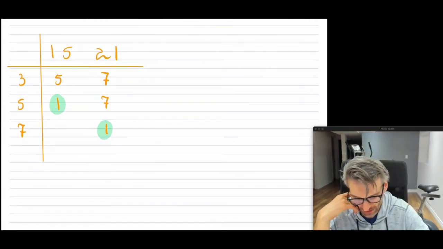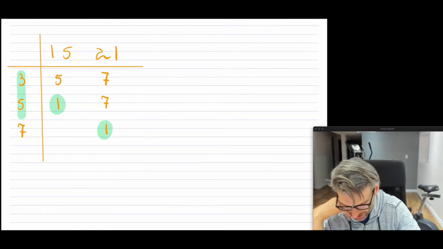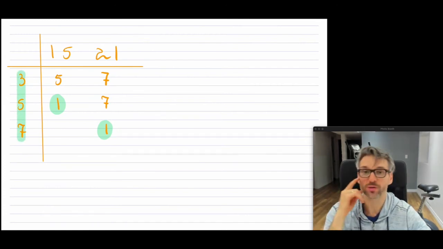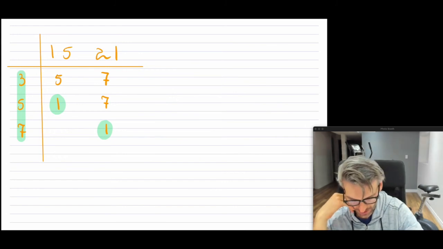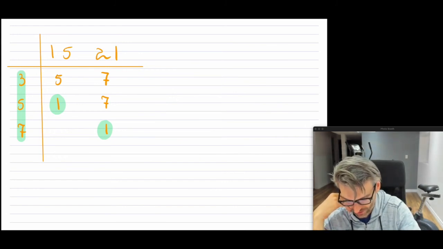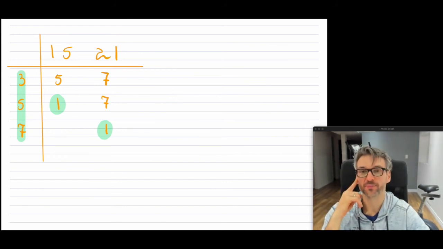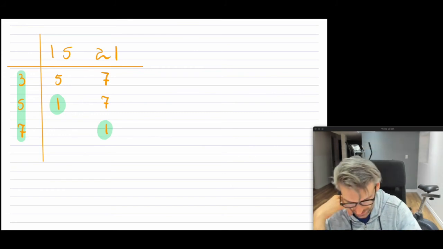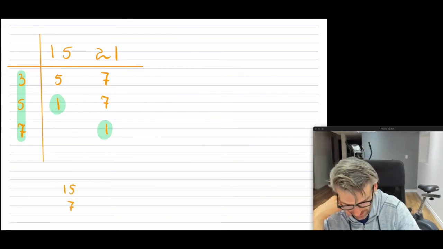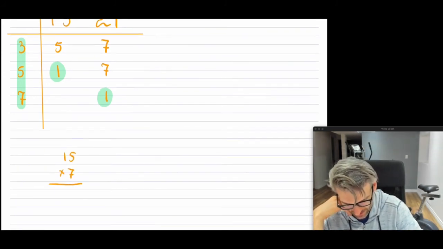And from these numbers, so these ones right here, when you multiply them, you will obtain your lowest common multiple. So now multiplying these, 3 times 5 times 7. 3 times 5 is 15. And 15 times 7, we can do that on the side. 7 times 5 is 35, carry that over, so that's 105.